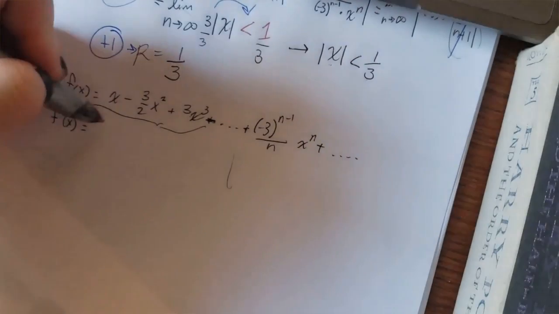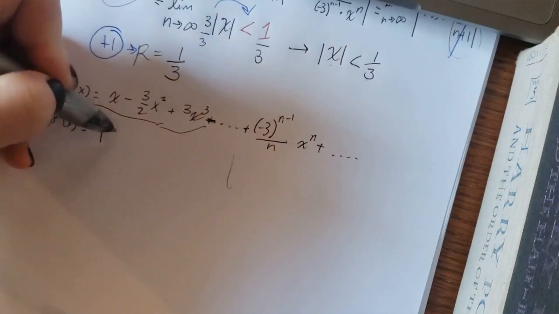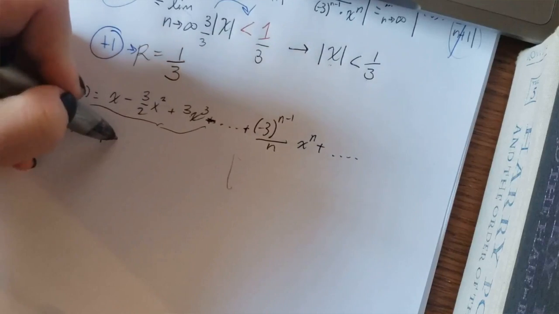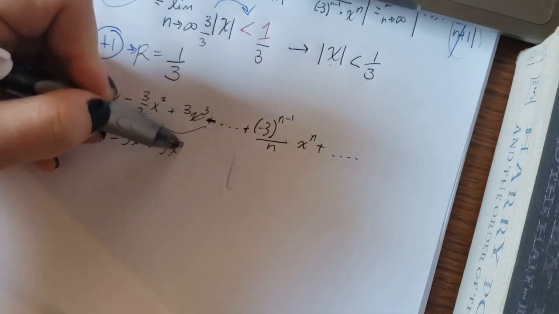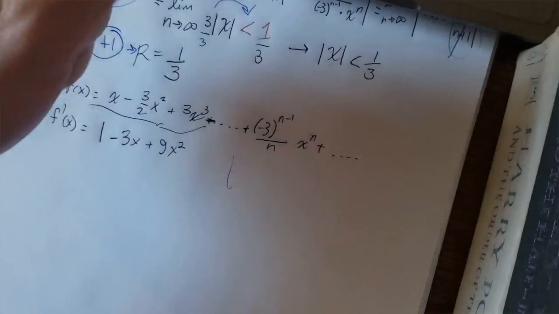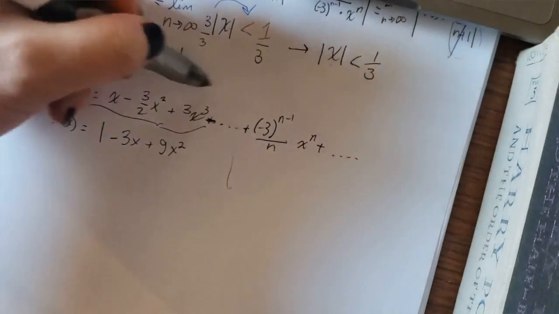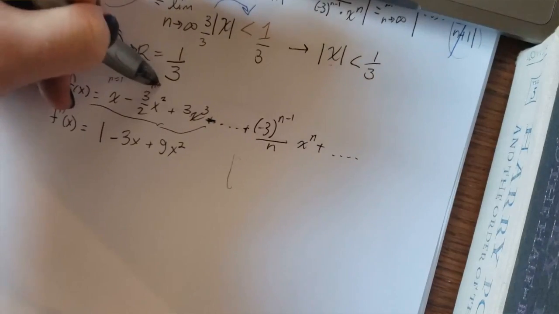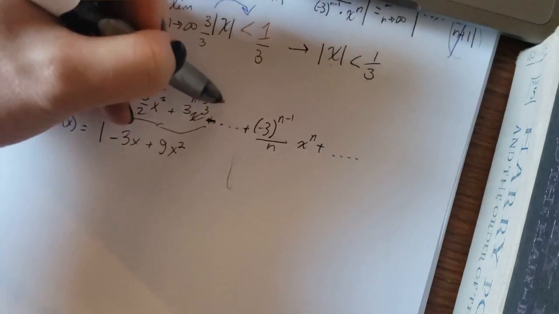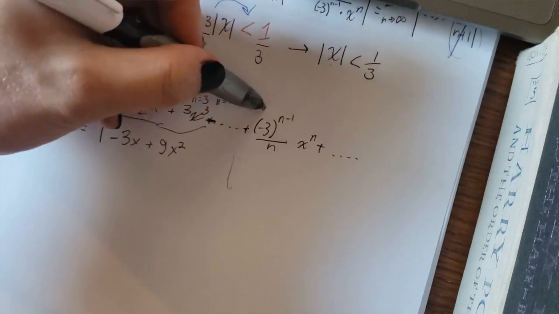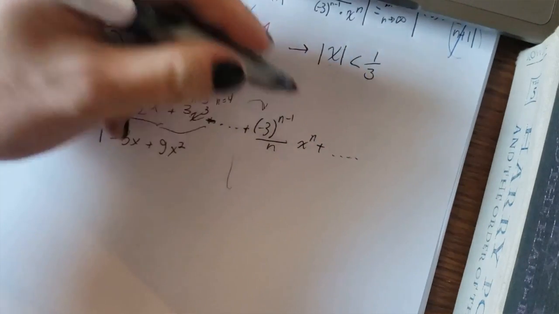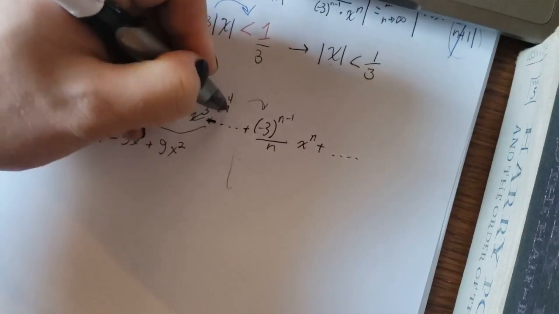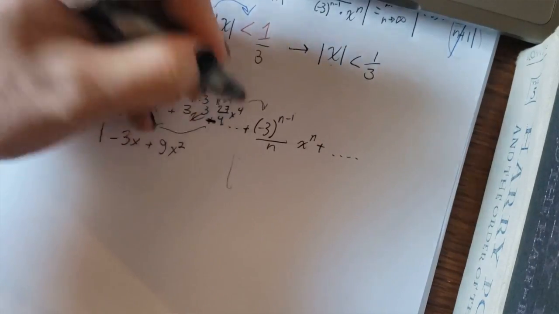It's up to you. All right, so from here, I have 1 minus, bring that 2 down, minus 3 to the x, plus 9x squared. Now, I don't have this 4th term, but I can quickly figure it out. This is n equals 1, n equals 2, n equals 3. So n equals 4, plug that into this term. So I end up with minus 27 for x to the 4.